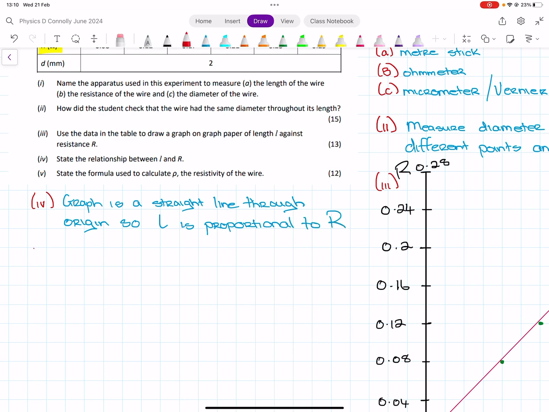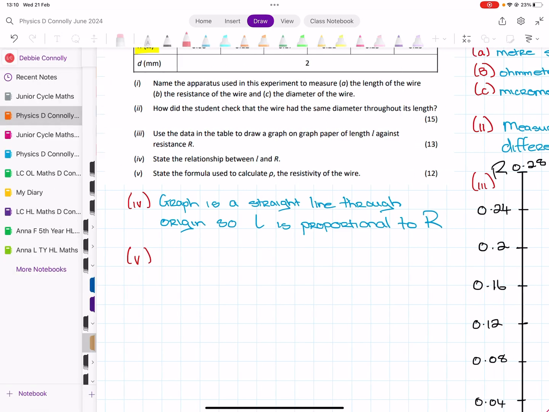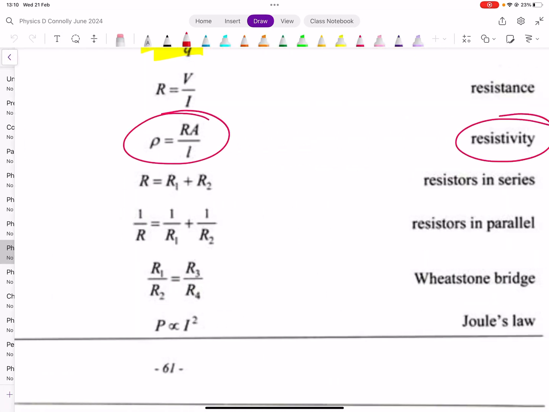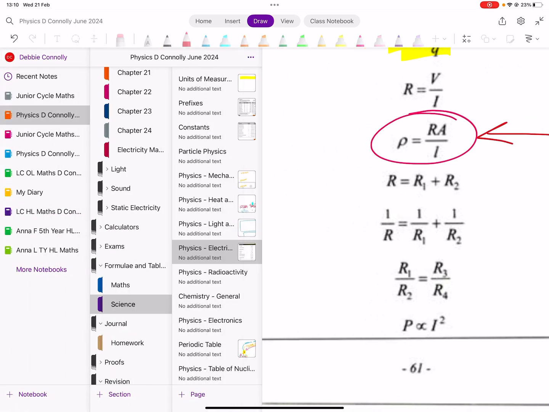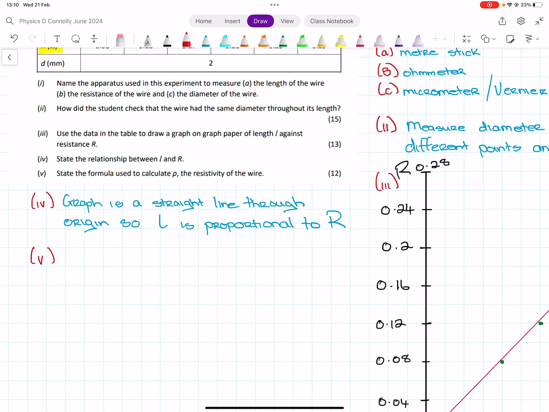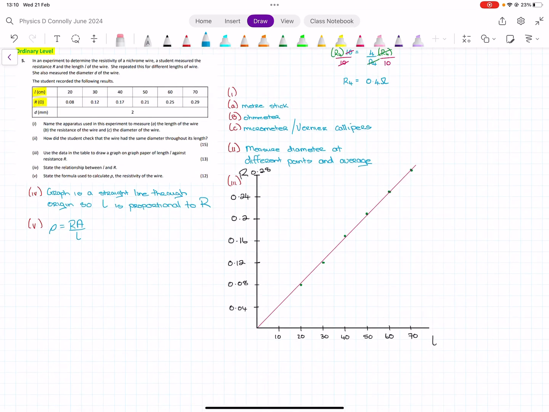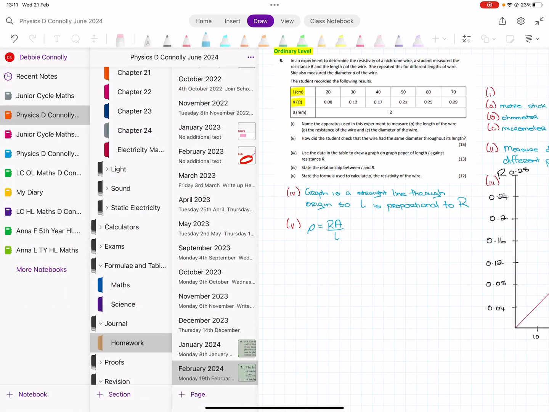And then the last one, state the formula used to calculate resistivity. That's the one that we found here. So resistivity is this. And again, because it's ordinary level, you don't need to explain what they stand for. You can just write it down. All right, so there's the ordinary level solutions.